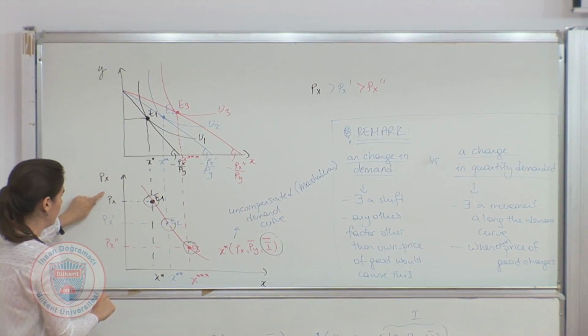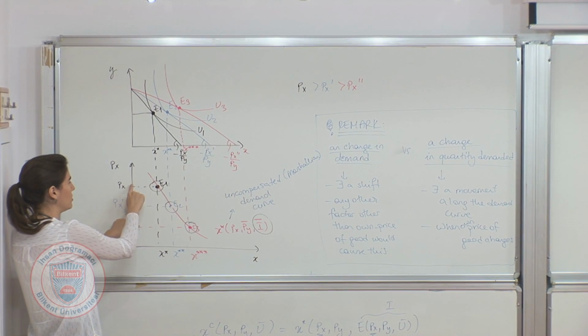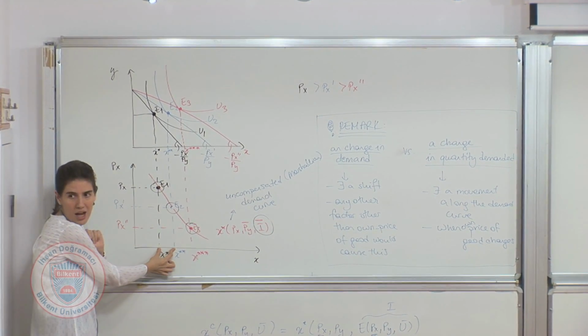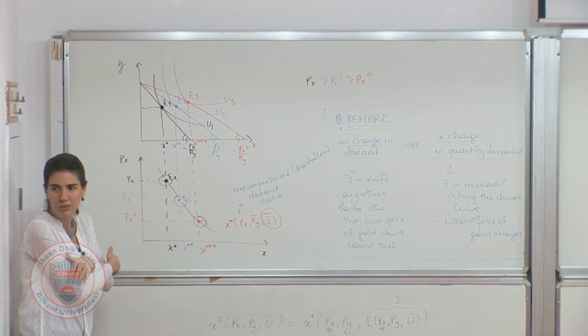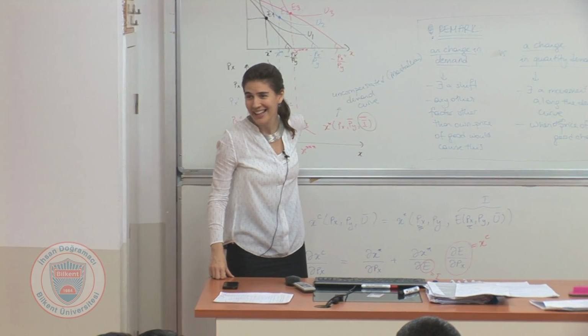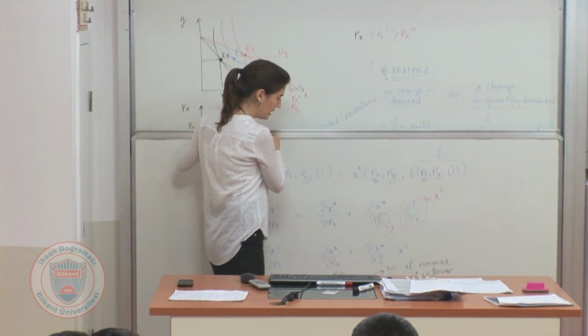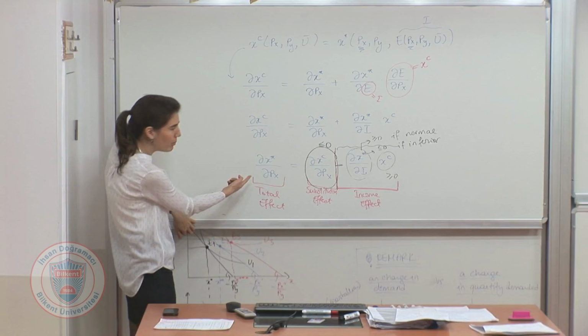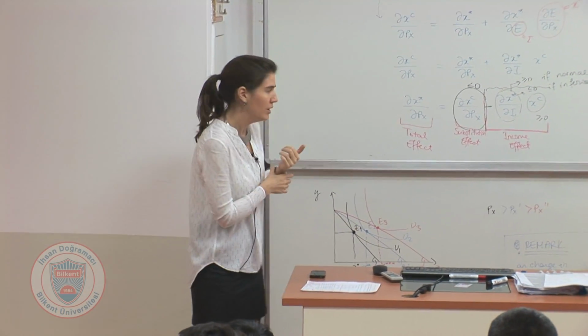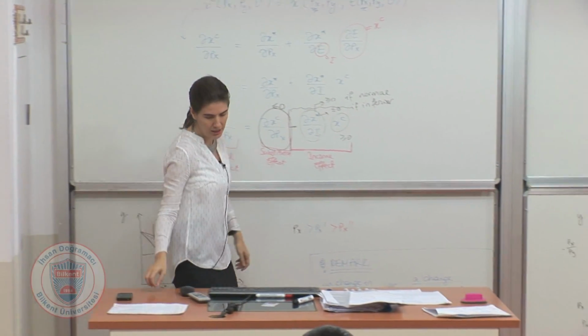When I change Px, for instance, from here to here, you move from here to here, so when this changes, this guy changes how much, right? So it's the slope, okay? So your friend was asking, what was your name? Talha. So Talha is saying that, hocam, is this the same as the slope of the uncompensated Marshallian demand curve? Yes. Okay.